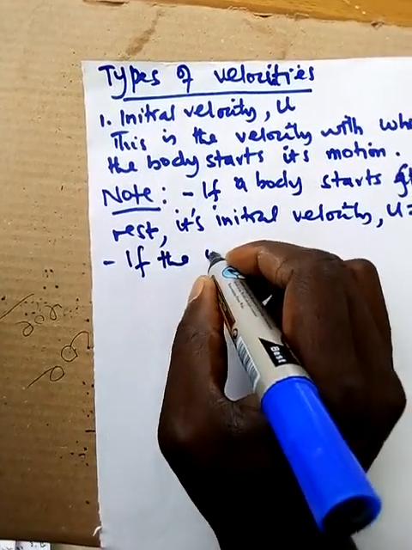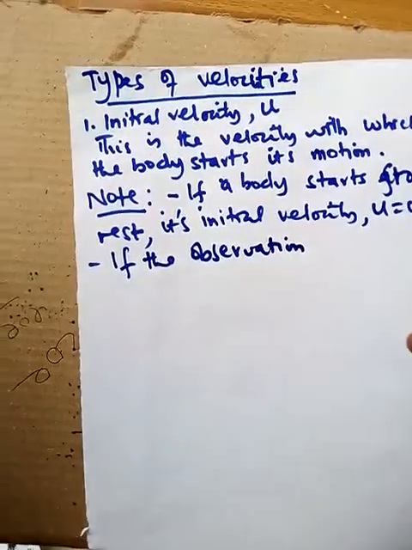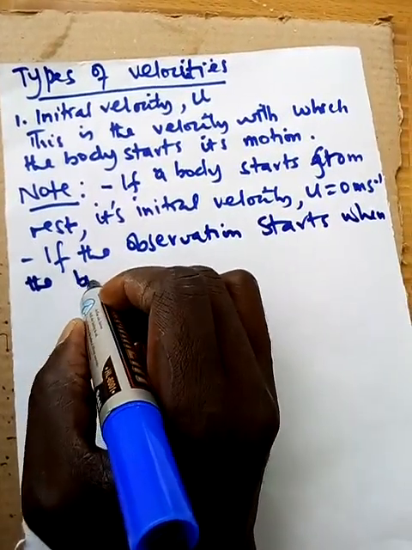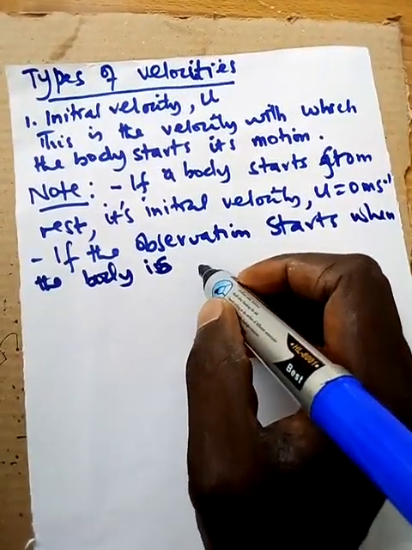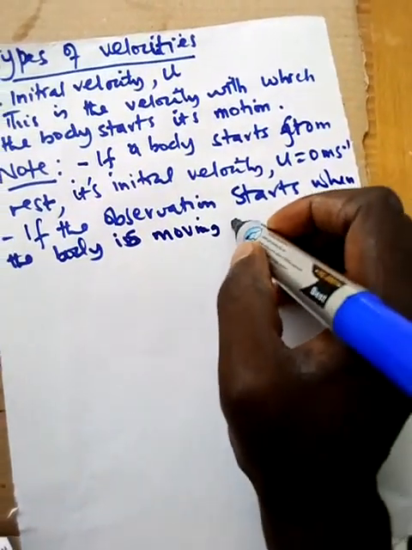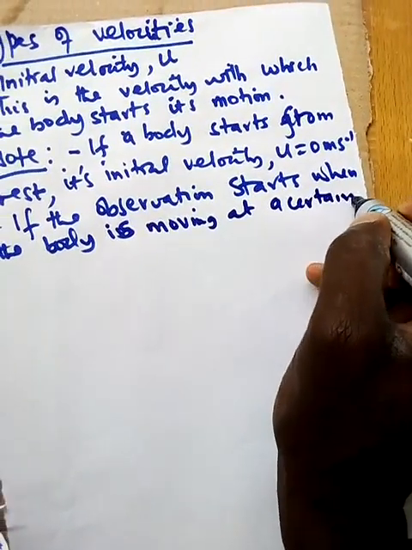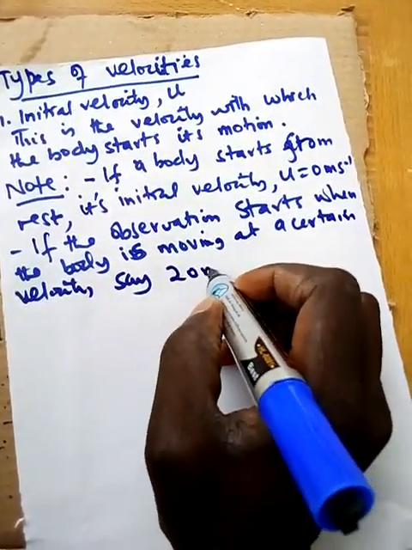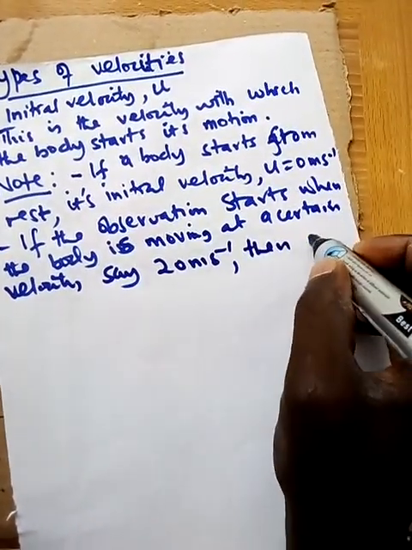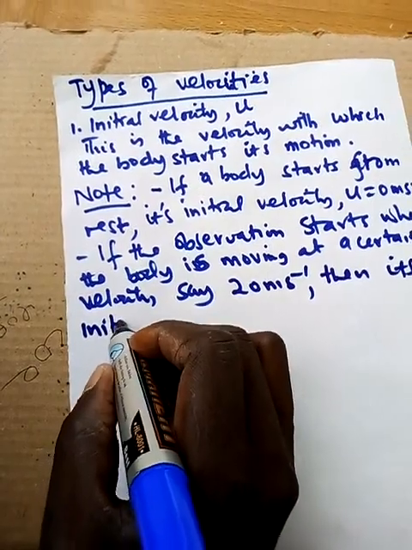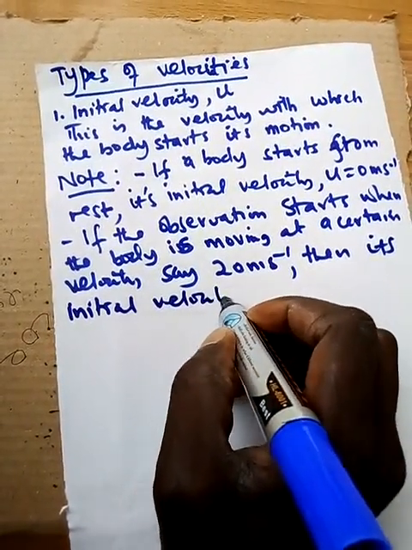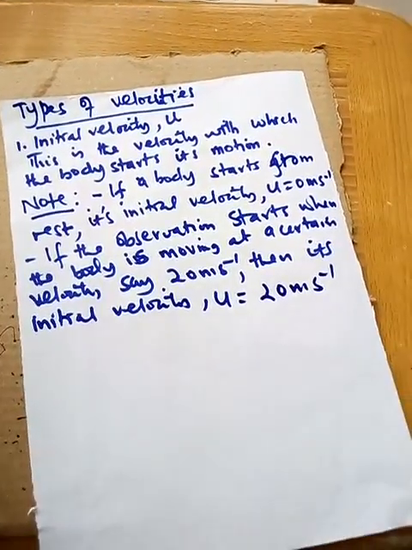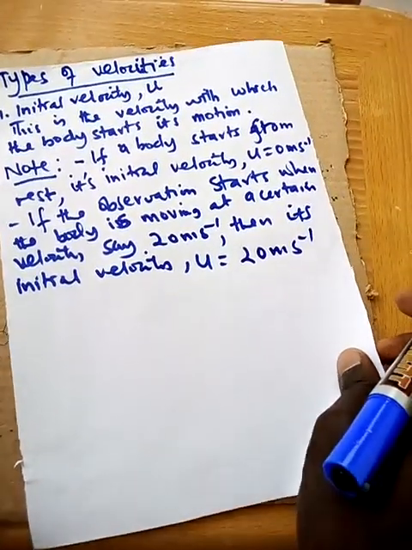If the observation starts when the body is moving at a certain velocity, say 20 meters per second, then its initial velocity u is equal to 20 meters per second.